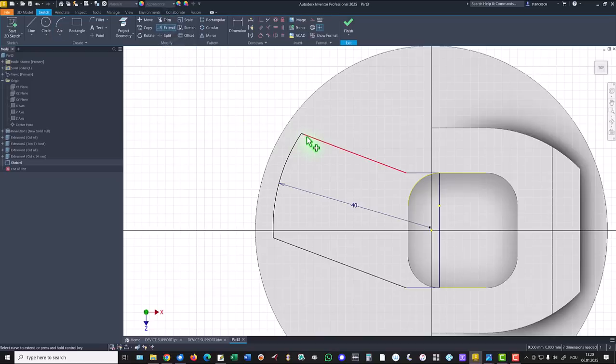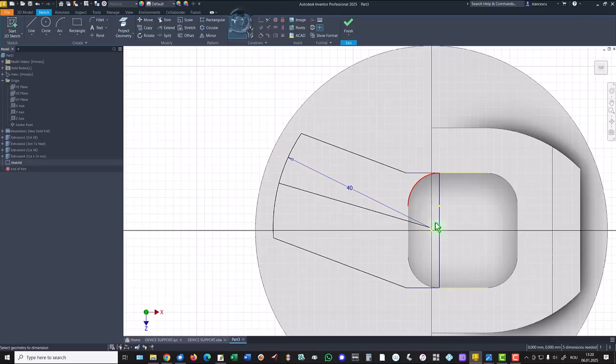Extend this line. Then we draw a line from the midpoint to the center of that arc. I move this to see better what is here.